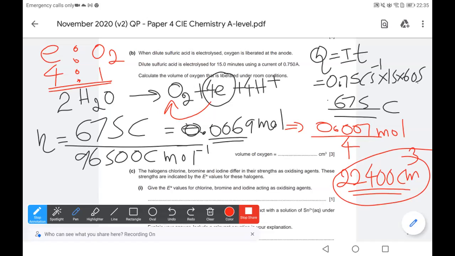So if that is the volume of 1 mole, what is the volume taken by this formed oxygen? It will give you the volume of oxygen.